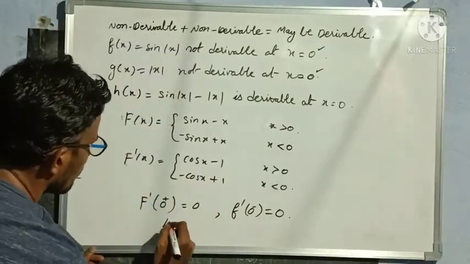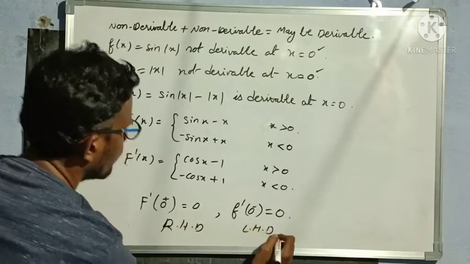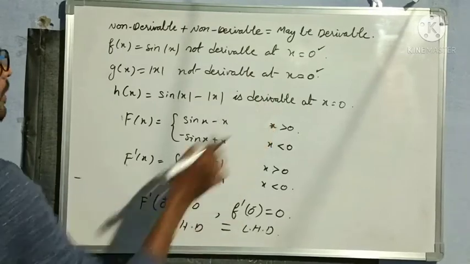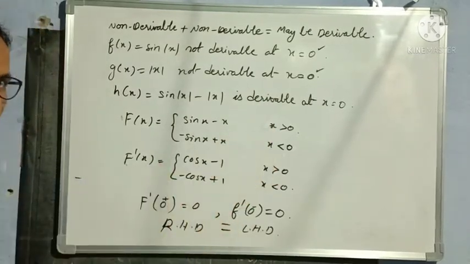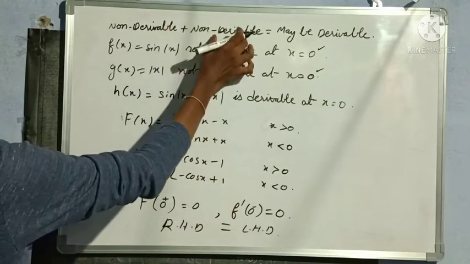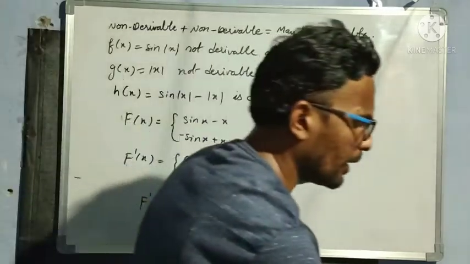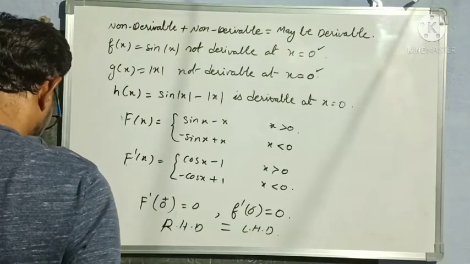So this is RHD and this is LHD, and they are equal. So we are getting this function as derivable at x is equal to 0. I hope everybody understood. So this is how we have to prove that non-derivable plus non-derivable may be derivable. Very, very important. Now let us see our last problem in this session.